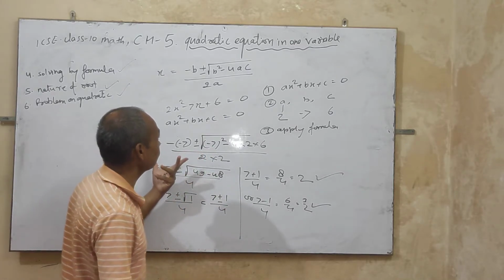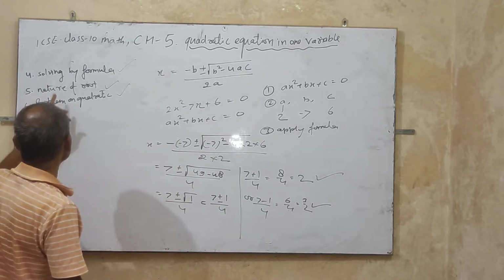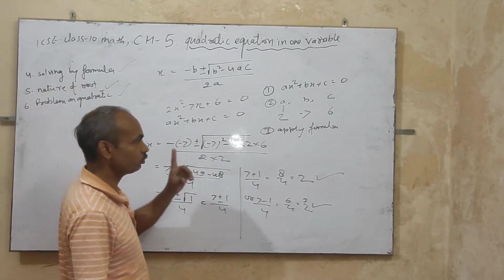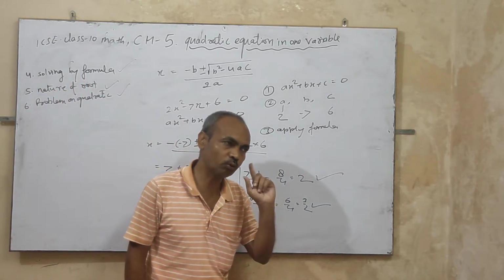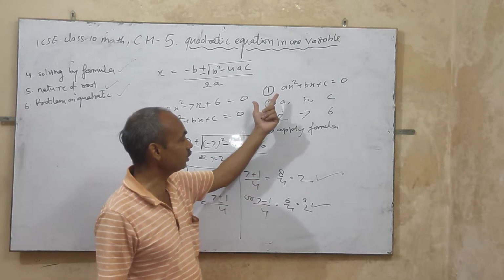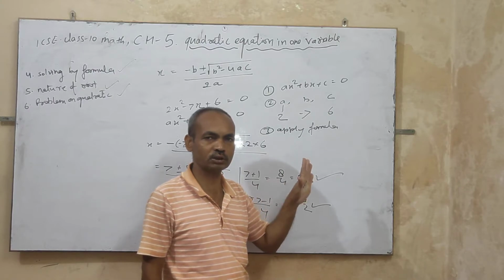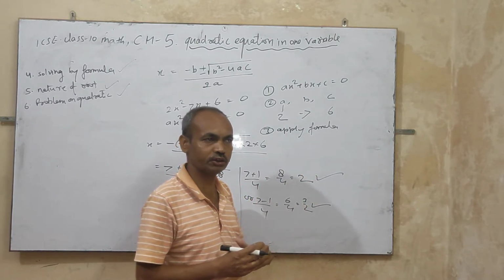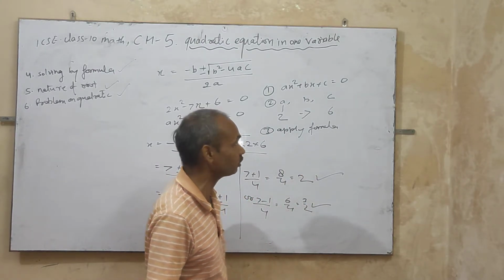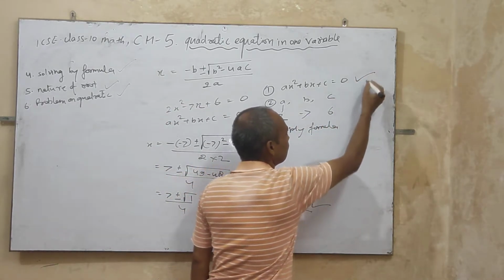To solve the quadratic equation by using the formula, you should learn three points. First of all, convert the equation into this form. If there is a root or a fraction, make the necessary changes to convert the quadratic equation into this form.